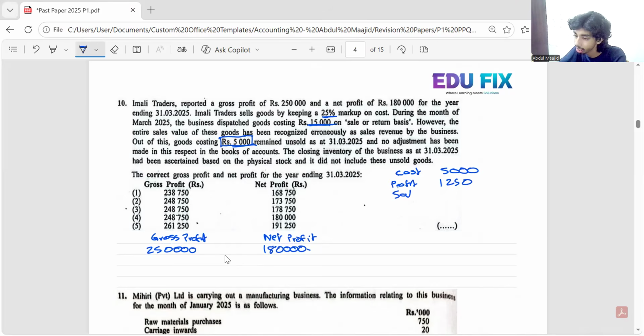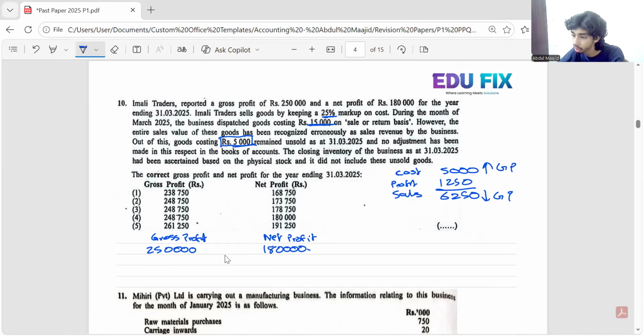Then the sales value of that will be 6,250. Then what you have to do, you have to deduct 6,250 from sales. Then that will reduce your gross profit. And the cost amount you have to add to closing stock. If you add that to the closing stock, your cost of sale will decrease, your gross profit will increase.